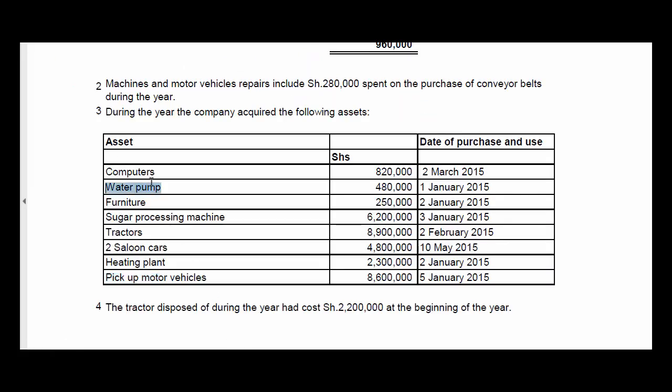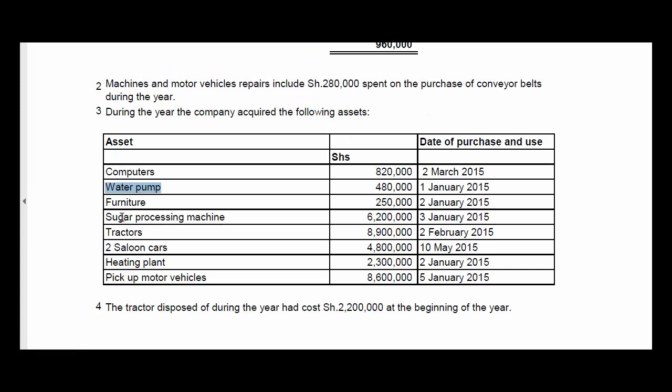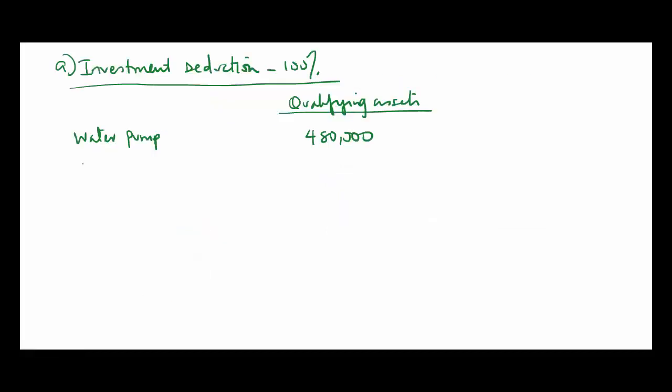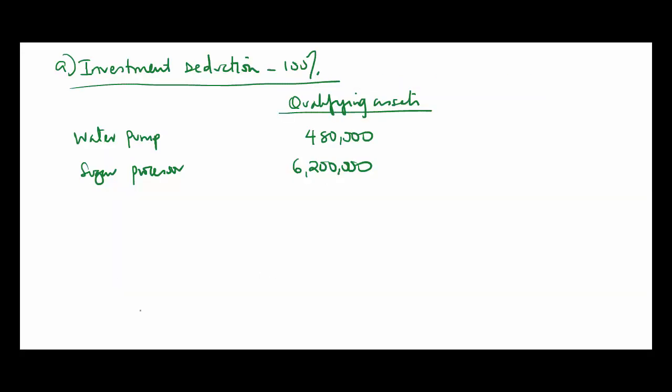So the first one was water pump for 80,000. The second one was the sugar processing machine at 6.2 million. The heating plant at 2.3 million.